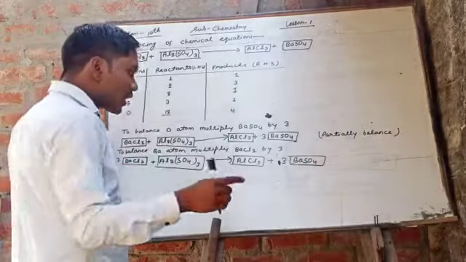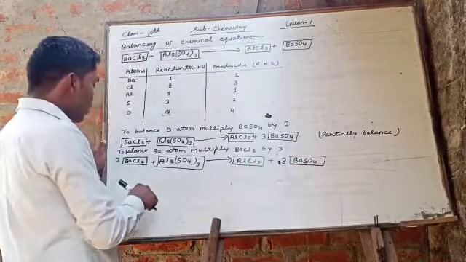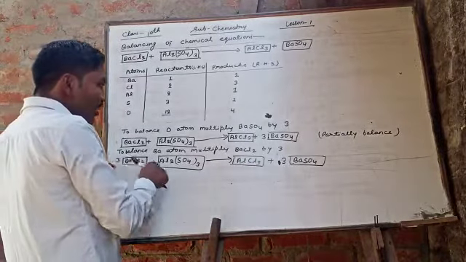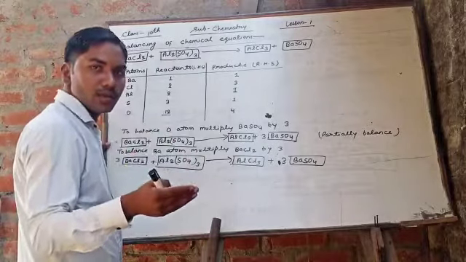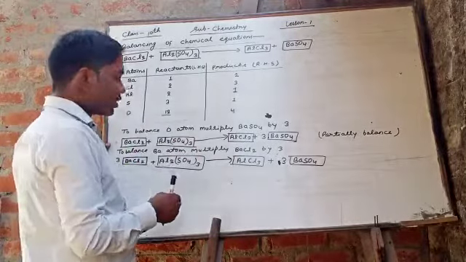Now in this case barium has also become balanced. Here you can see 3 barium, here also 3 barium. So we have balanced barium and oxygen.